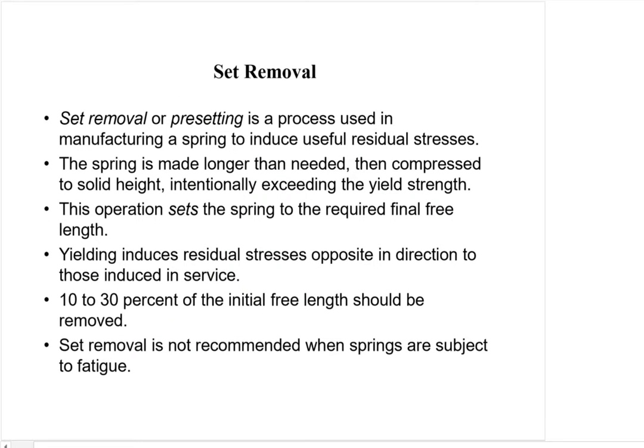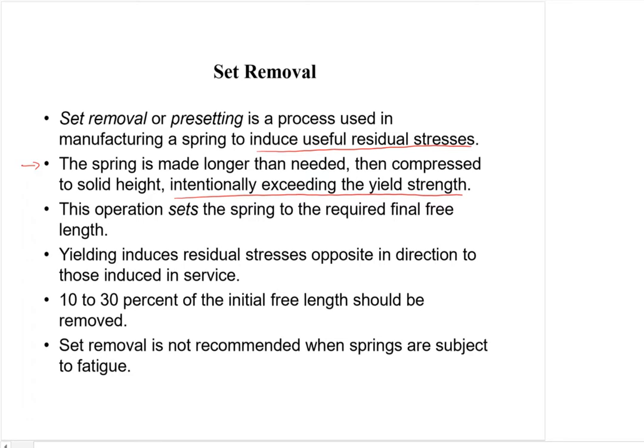Set removal or presetting of a spring. This induces a useful residual stress in the spring material. When it says here the spring is made longer than needed, it's manufactured longer than needed, and then compressed to the solid height, and that intentionally yields it.